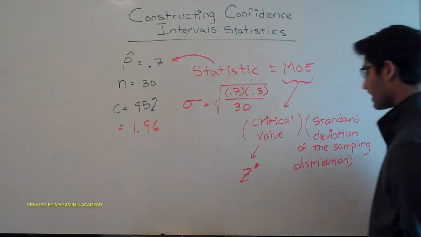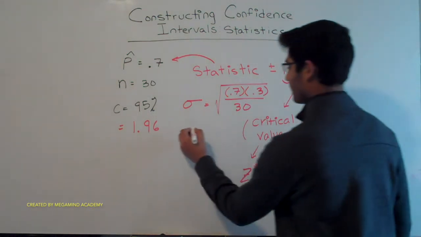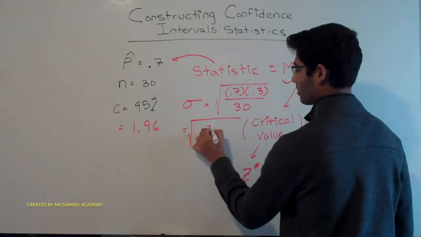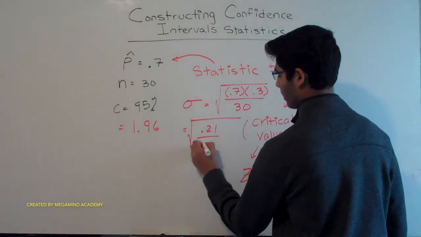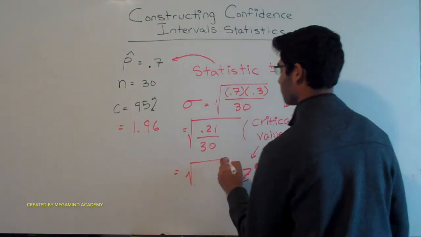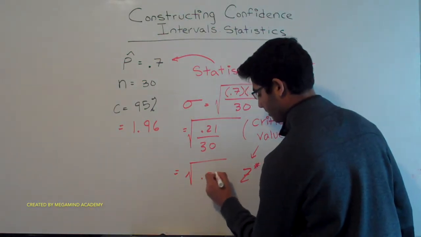So this would be the standard deviation of the sampling distribution. And this would be the square root of 0.21 over 30, which would be 0.007.